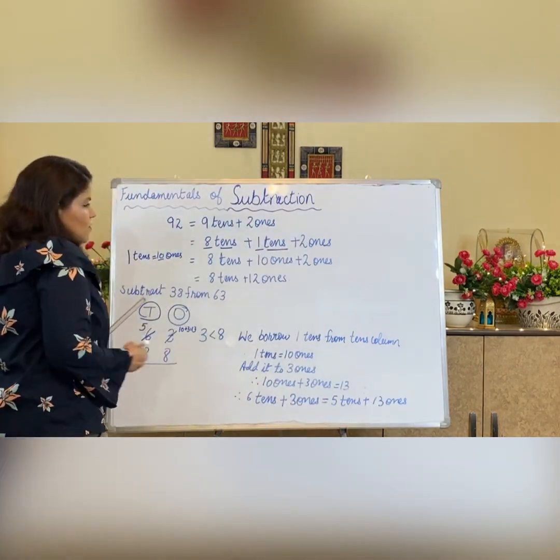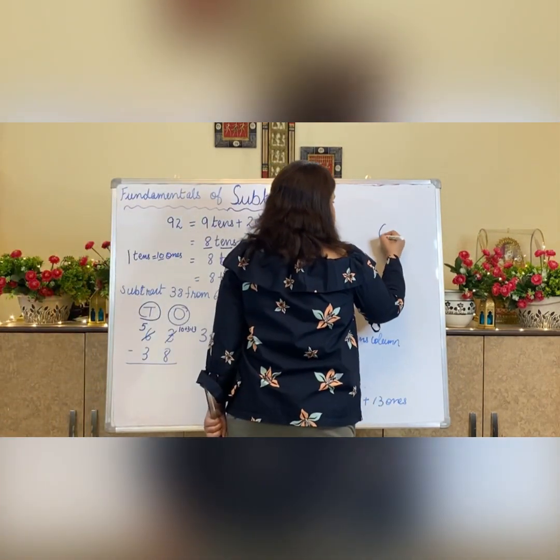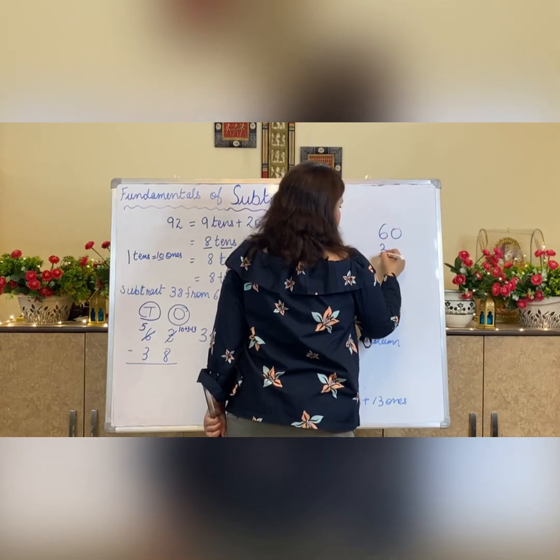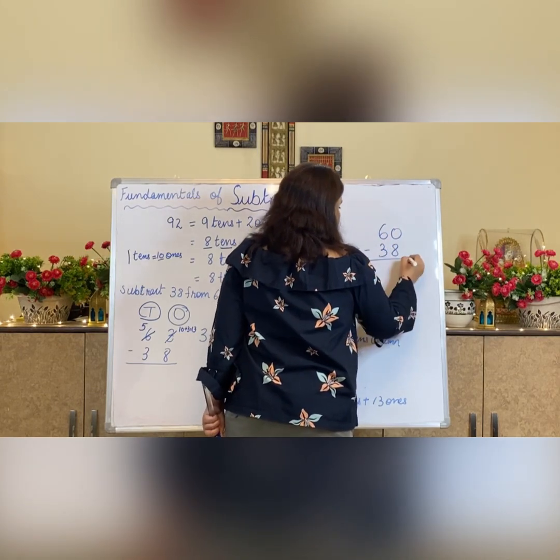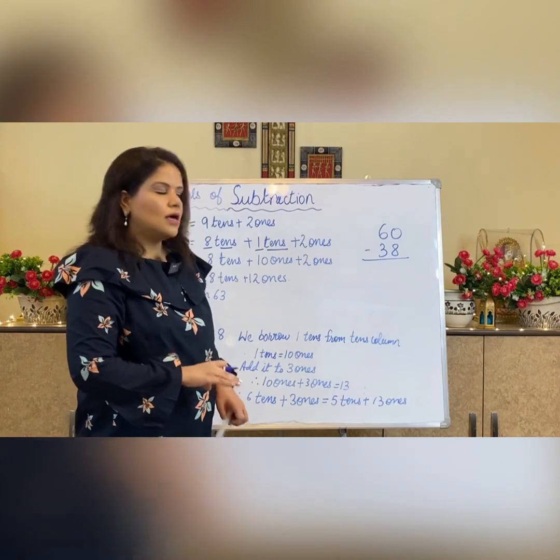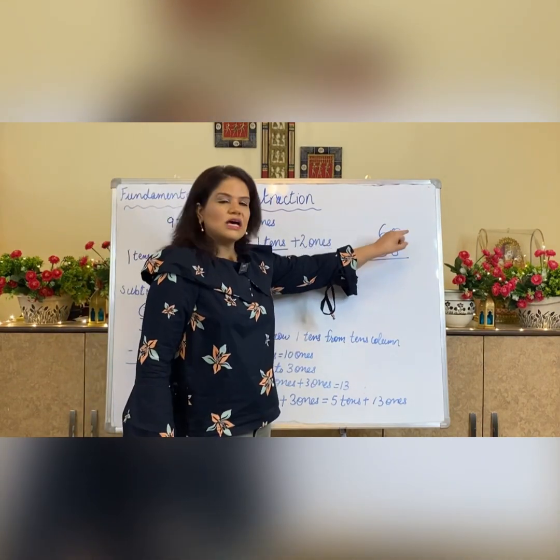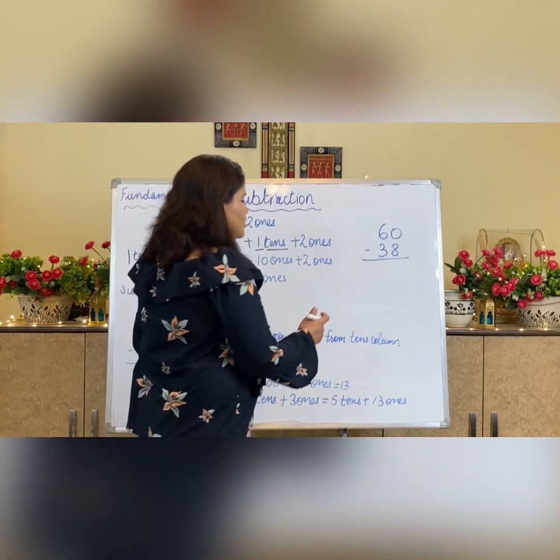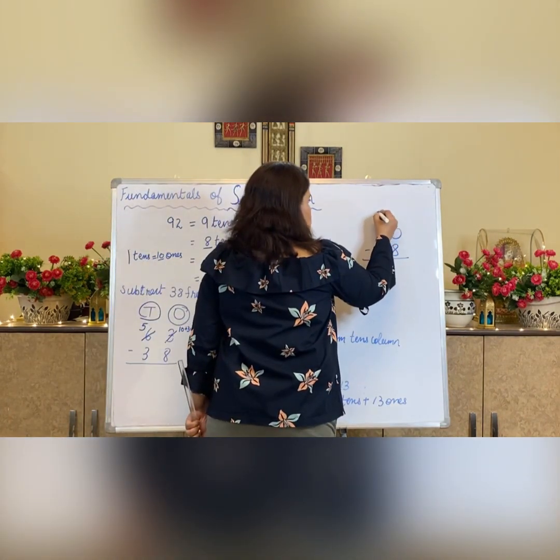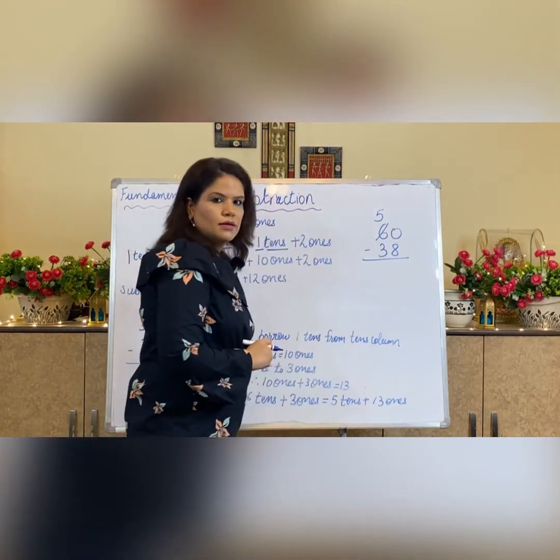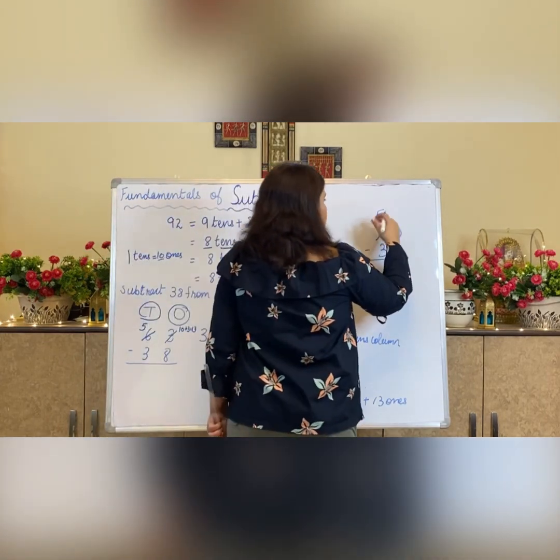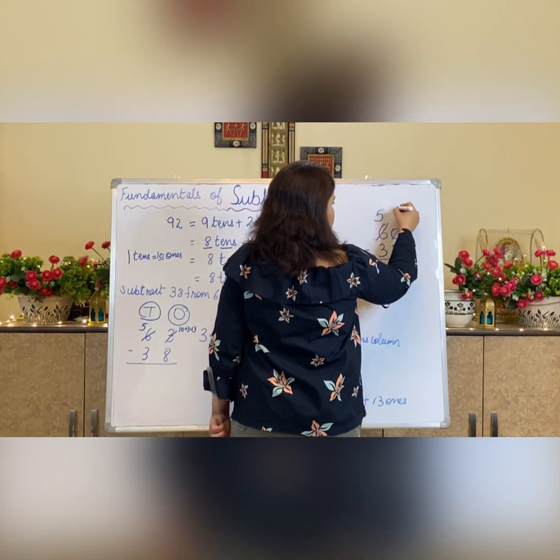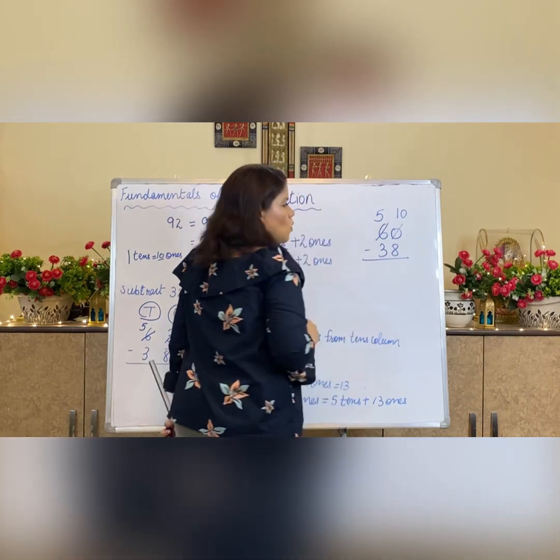In a case, if I get this as 60 minus 38, then what will I do? Clear? Yeah, in this place I don't have any number. I have 0 here. So what will I do? This will reduce by 1 and I am shifting 1 tens here. 1 tens is equal to 10 ones.